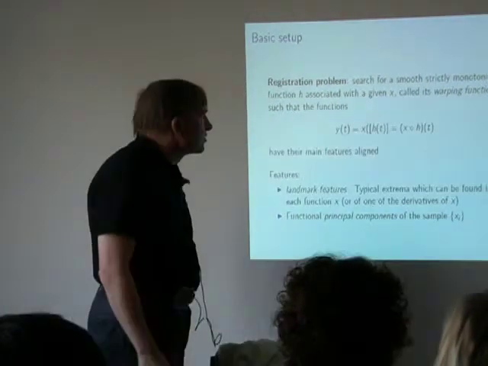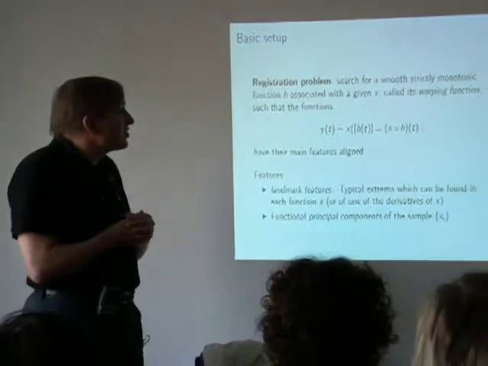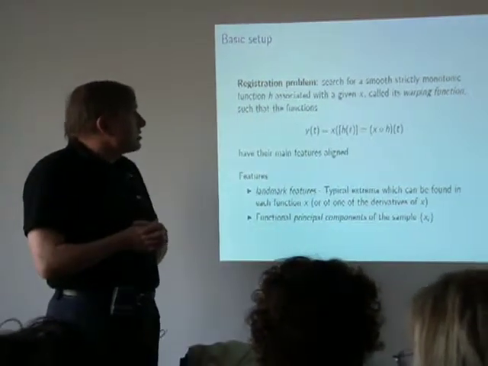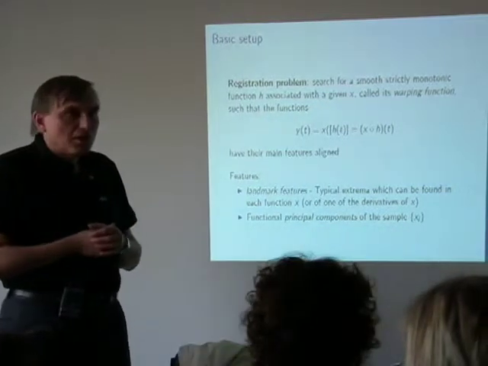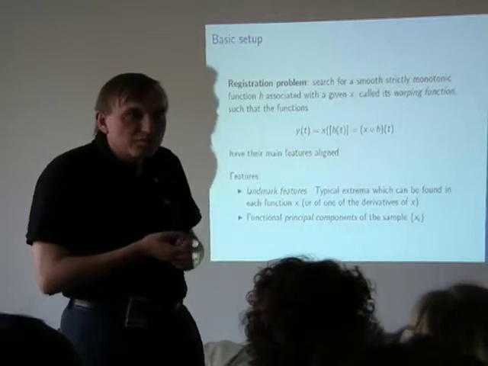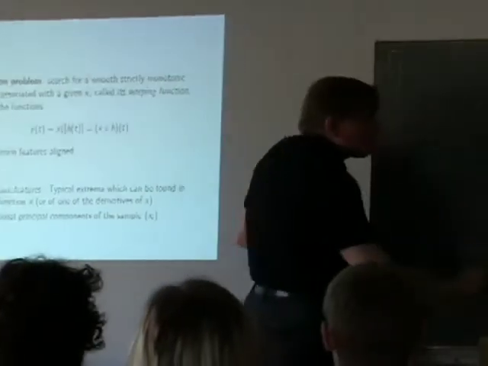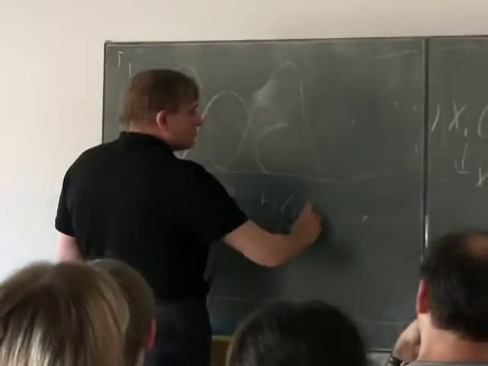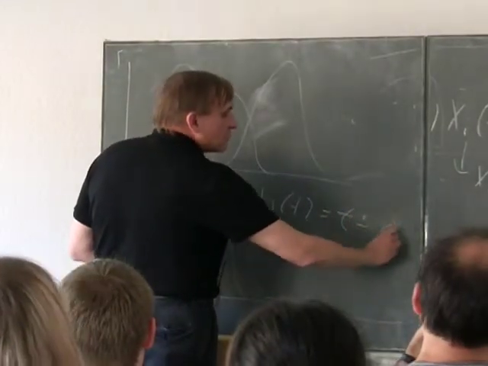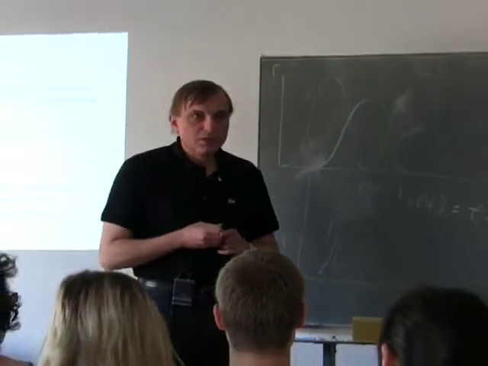Determine a warping function such that after the warping, after you have applied these h's to the curves, the curves have their main features aligned. Of course, sometimes there are parametric warping functions. You say h of t is just a shift, say t minus theta. It would be just a time shift, right?